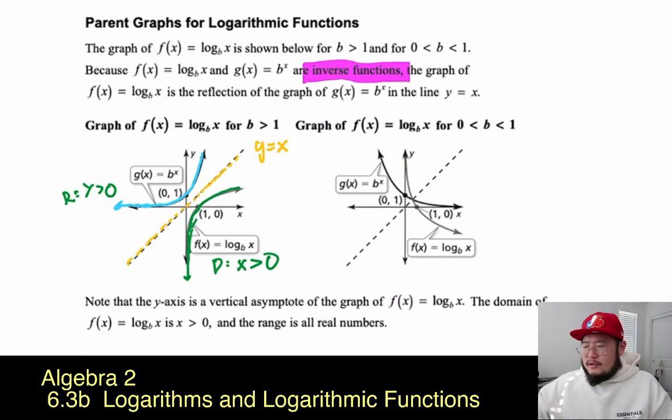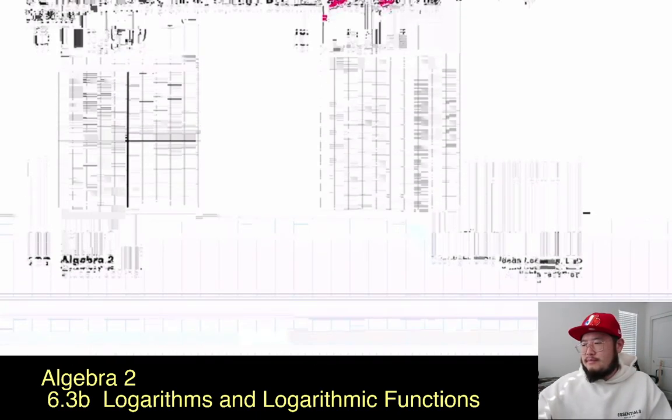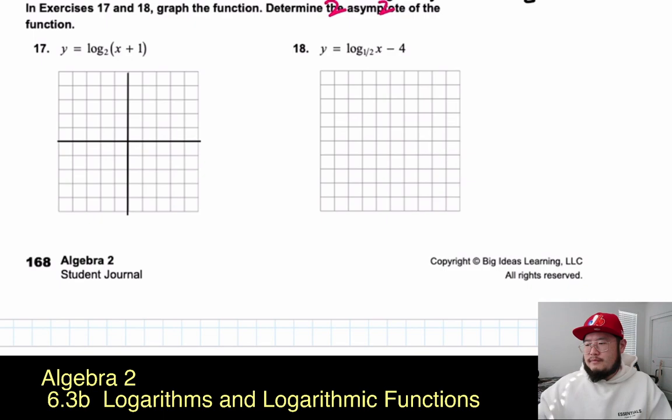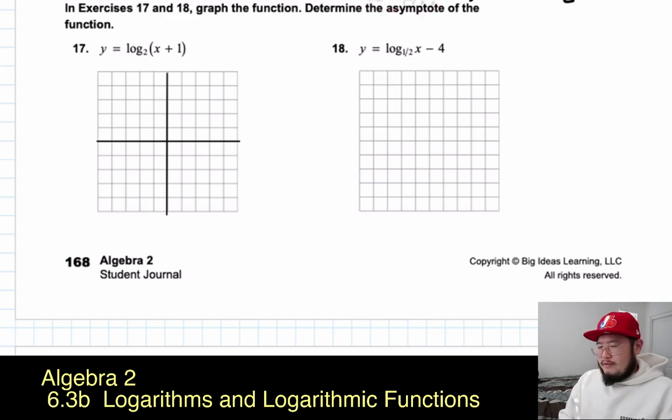So now that we've got that down, let's go ahead and graph our own and take a look at number 17. The question says, let's graph the functions and then determine the asymptote of the function.